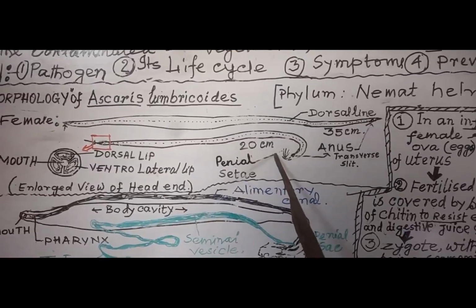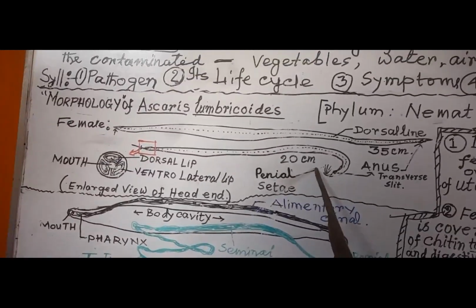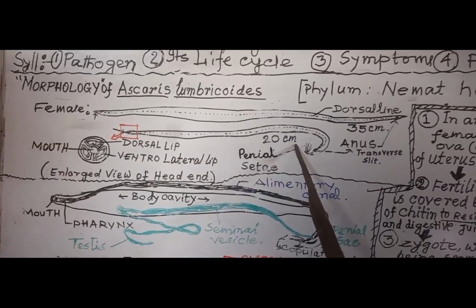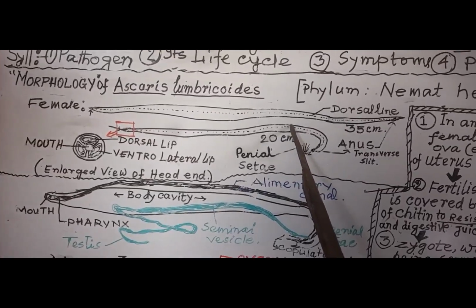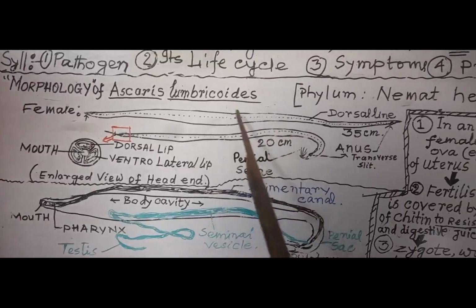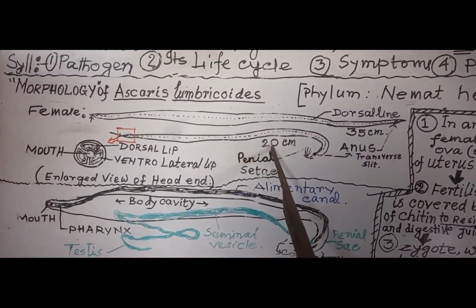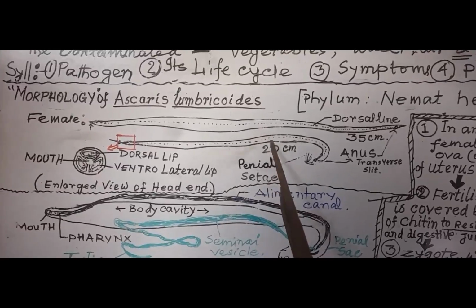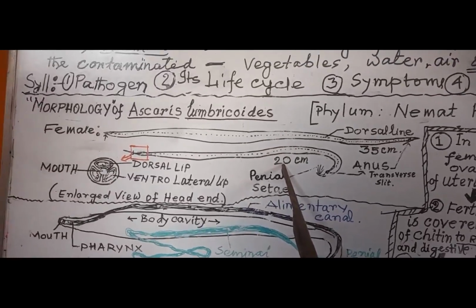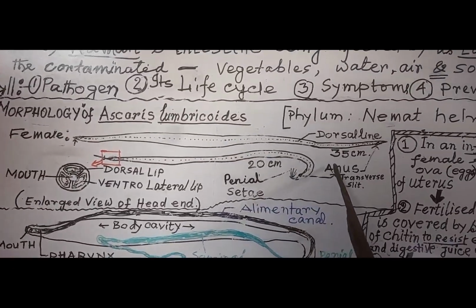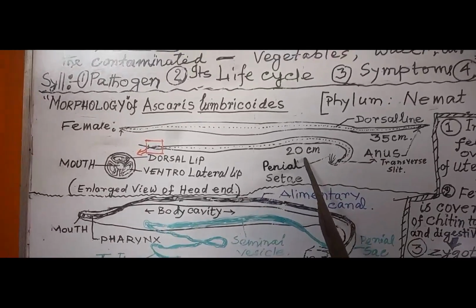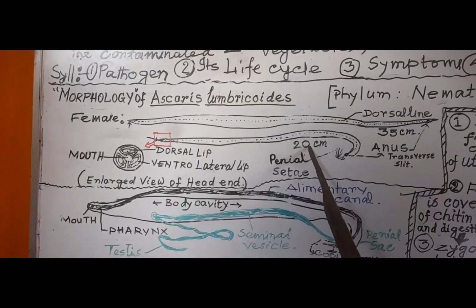They have sexual dimorphism, which means that they have separate male and female bodies with different features. The female is longer than the male. The female is 35 centimeter long and the male is 20 centimeter long.